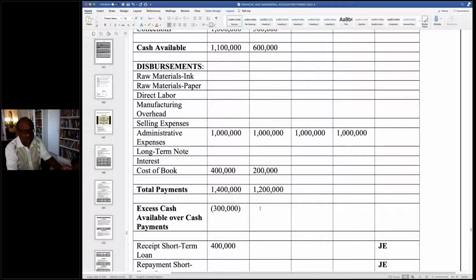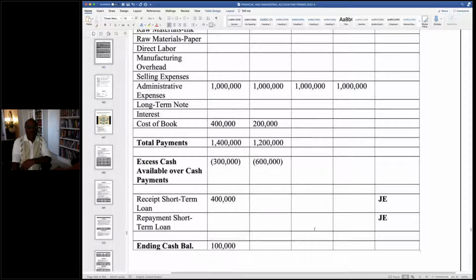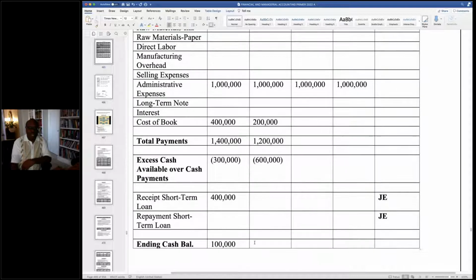So now expenditures exceed receipts by $600,000. How much are we going to borrow this time? This number has to be 100,000.